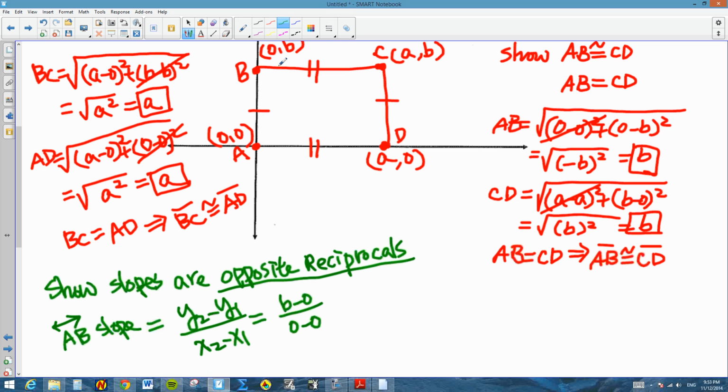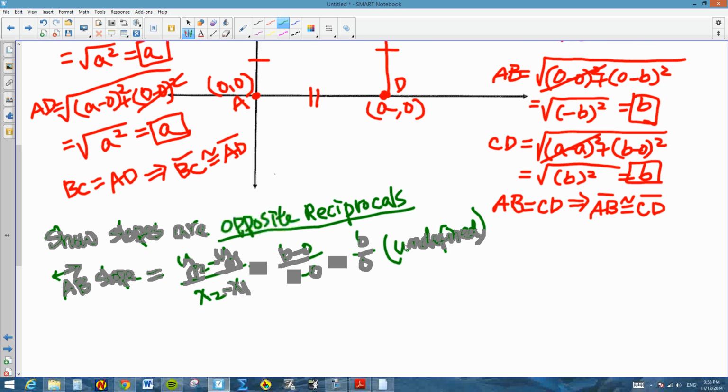That gives you b over 0, which is undefined. So we know that vertical lines are undefined. And then we have to find the slope of the other line.